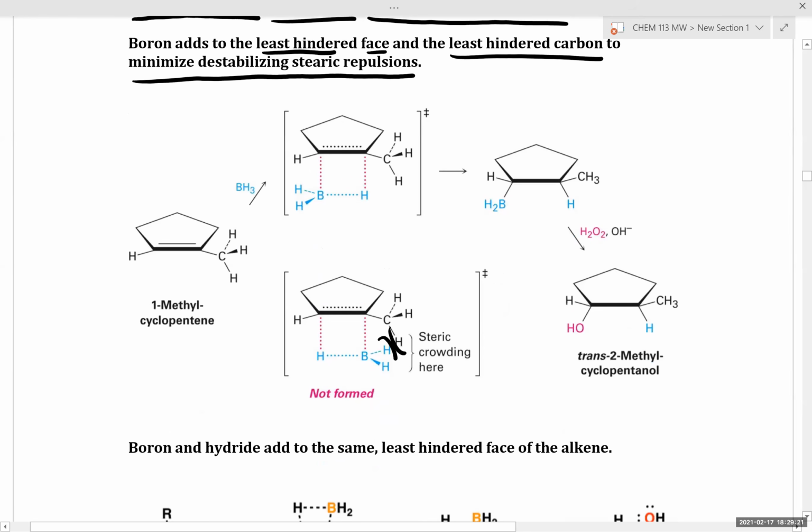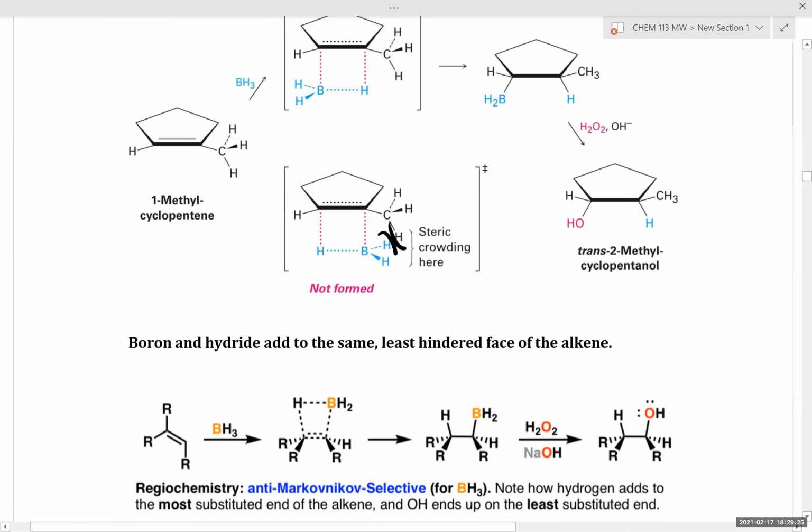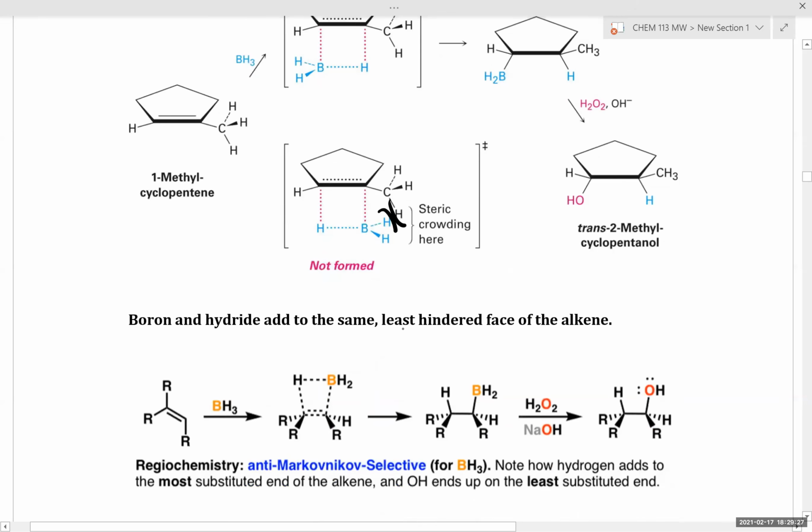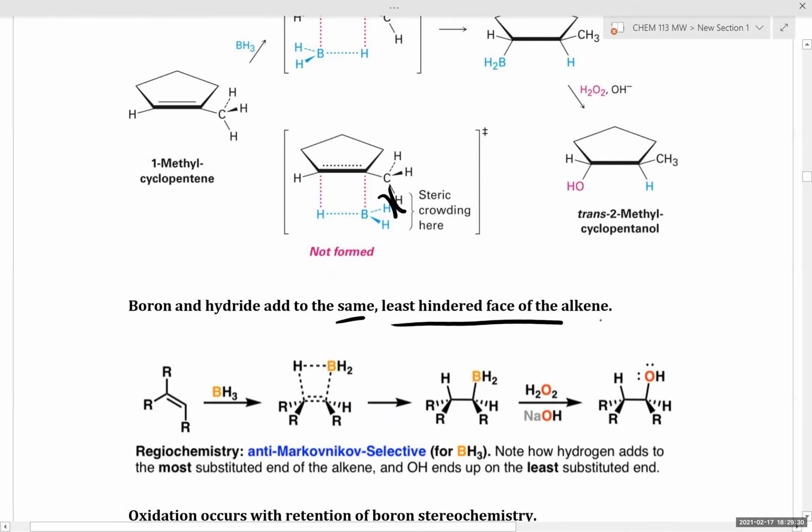Now, what's really interesting is because the boron and hydride add to the same least hindered face of the alkene, when you go to oxidize this alkyl boron, this oxidation step occurs with retention of stereochemistry.